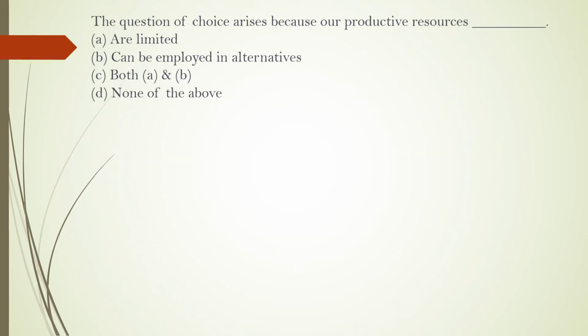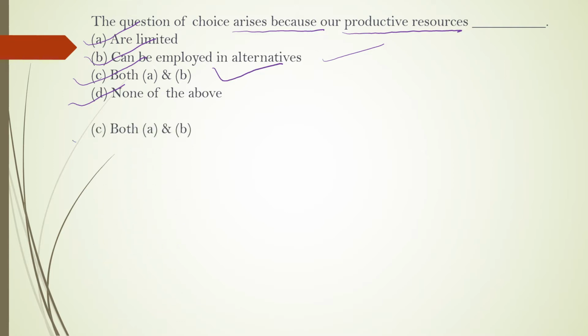The question of choice arises because our productive resources are not only limited, but they have alternative uses. So here the options are limited, can be employed for alternative purposes, both, none of the above. So the right answer is both A and B. The scarce resources are limited and they can be used for alternative uses.